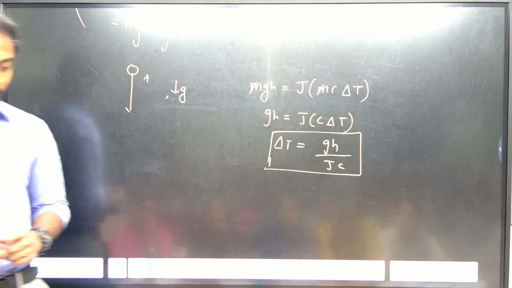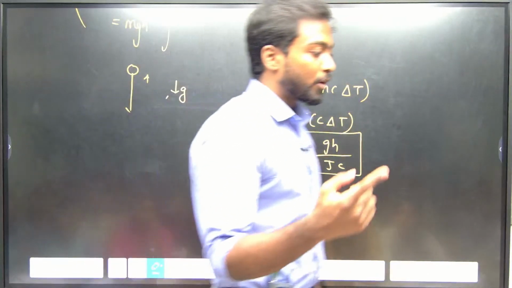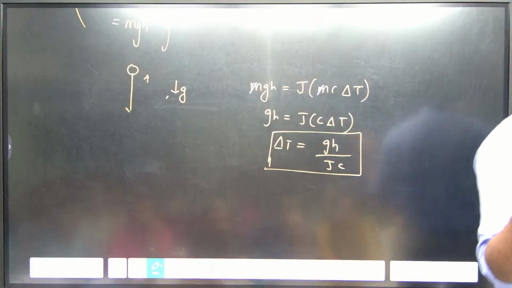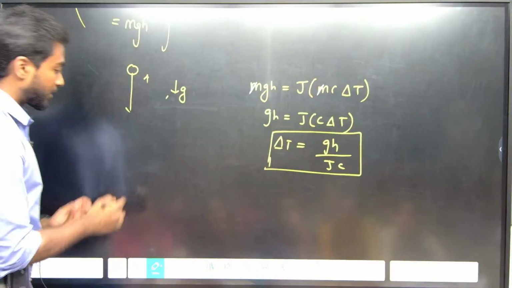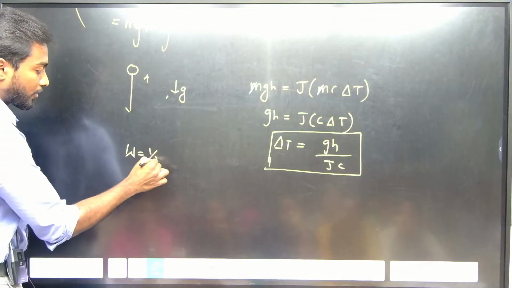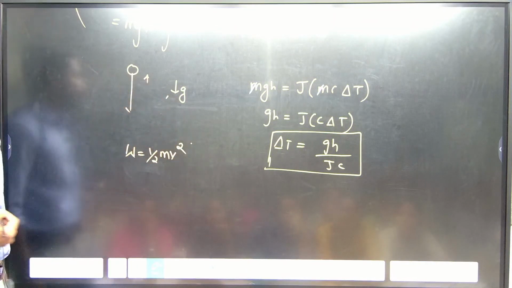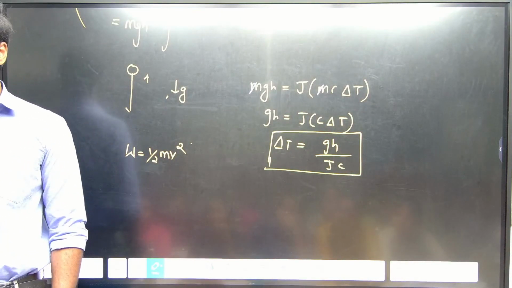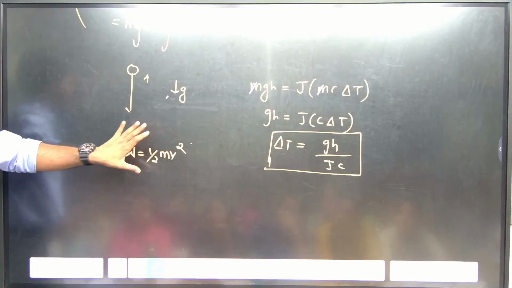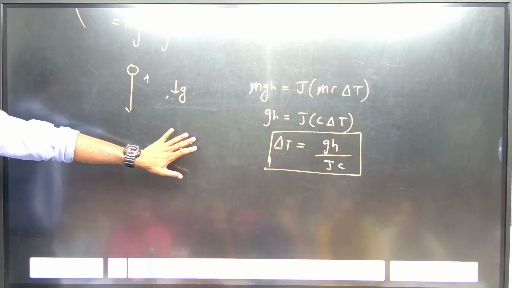Okay, suppose they are saying that a body is moving with velocity v. So a body moving with velocity v means the work done will be half mv square. Okay, the body is moving with velocity v and they have not mentioned any change in state. They have simply mentioned the body is moving with velocity.